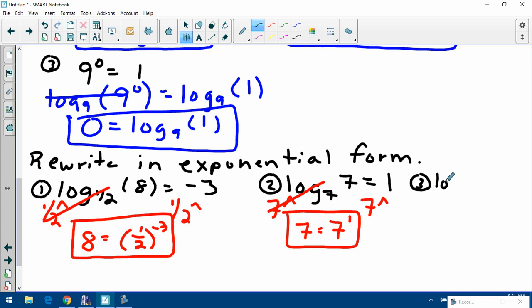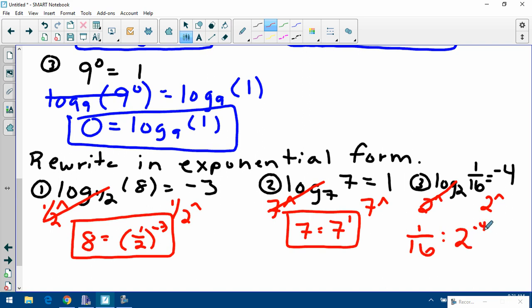Log base 2 of 1/16 equals -4. To rewrite this in exponential form, I would exponentiate by 2. 1/16 equals 2 to the negative 4th power. True statement, because 2 to the 4th is 16, the negative flips it.